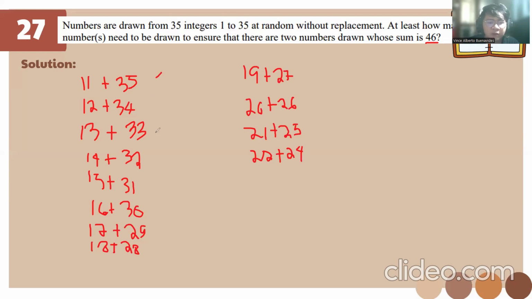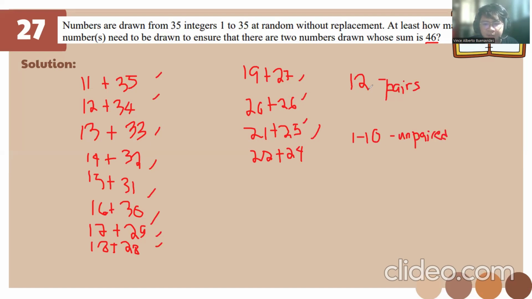So we have 1, 2, 3, 4, 5, 6, 7, 8, 9, 10, 11, and 12. We have 12 pairs here. Now, 1 to 10 isn't included, so these are unpaired, and we also have 23 as unpaired.